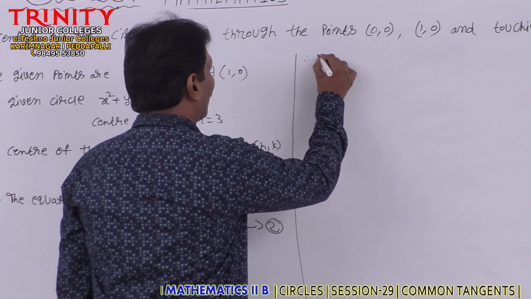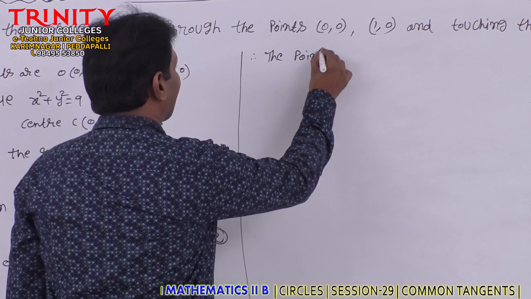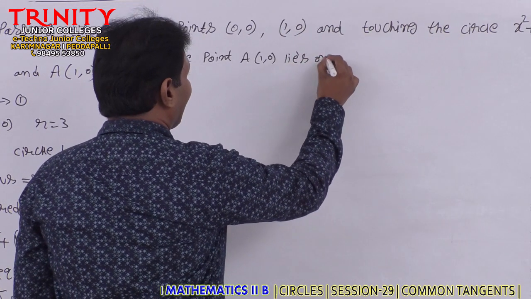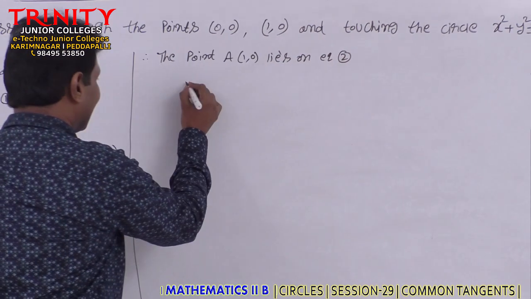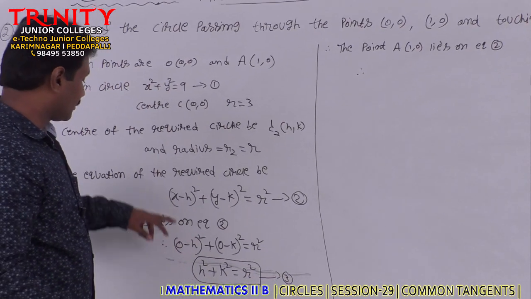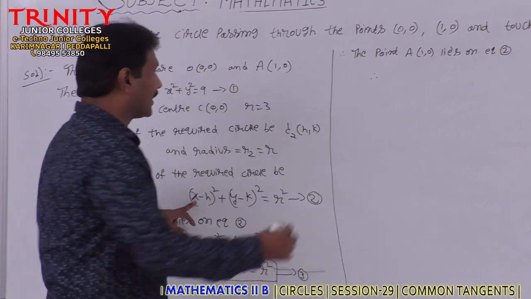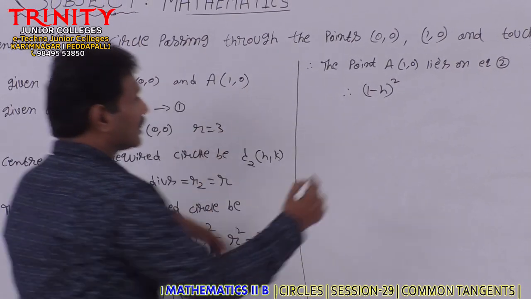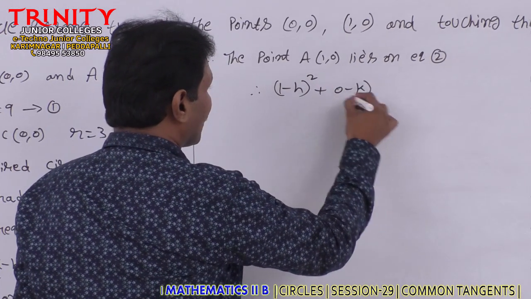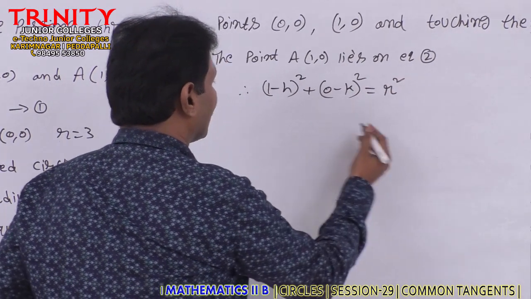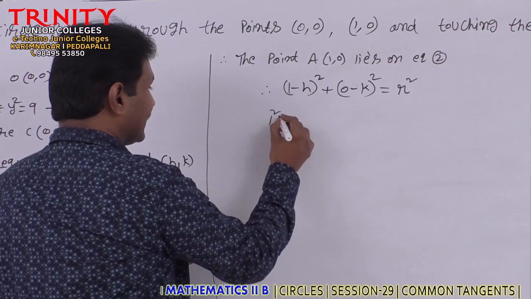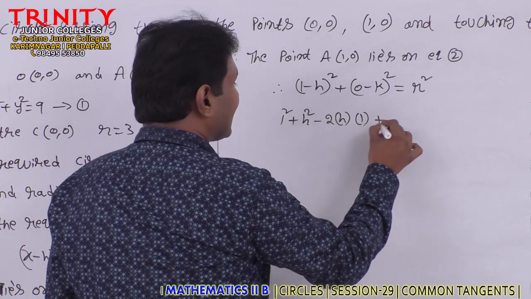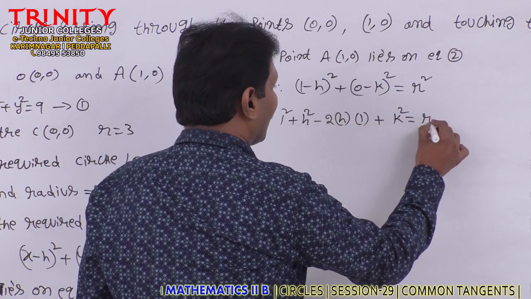Therefore, the point A 1, 0 lies on equation 2. Therefore, passing through the point 1, 0, replace x by 1, y by 0: 1 minus h whole square plus 0 minus k whole square equal to R square. a minus b whole square is a square plus b square minus 2ab, so 1 minus 2h plus h square plus k square equal to R square.